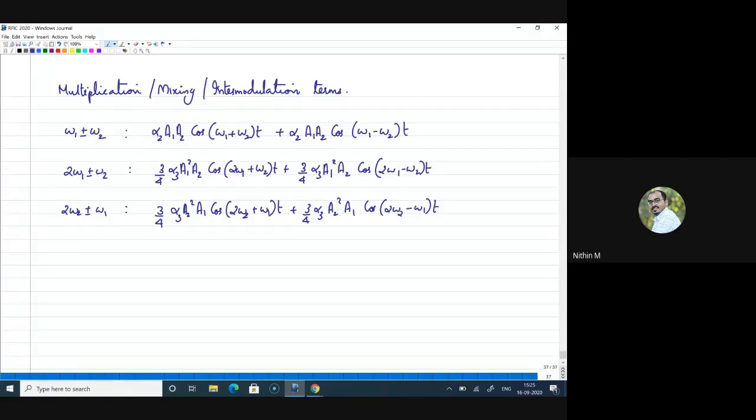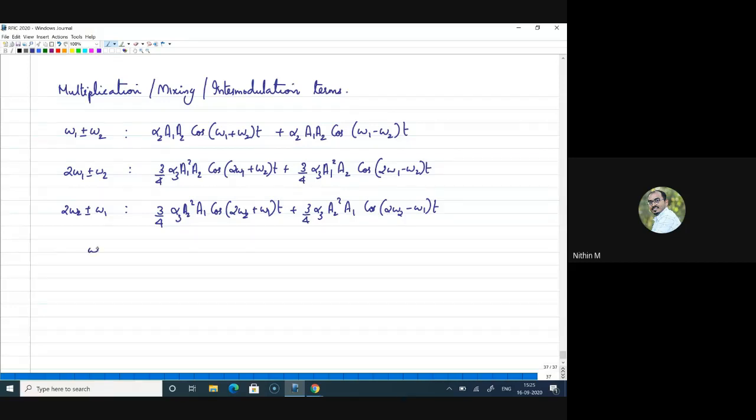This is when we have taken nonlinearity up to third order, and we can consider that up to any higher order, but if we consider up to third order, that itself is actually a good thing.